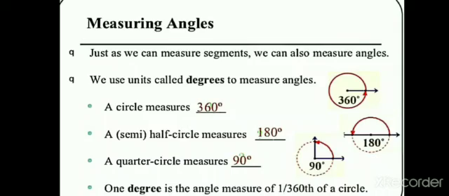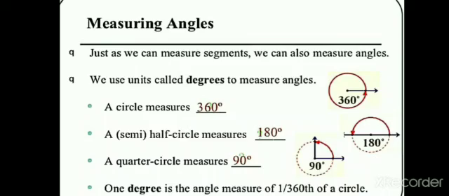If I draw a complete circle, it is 360 degrees. If I draw a semicircle, it is 180 degrees.